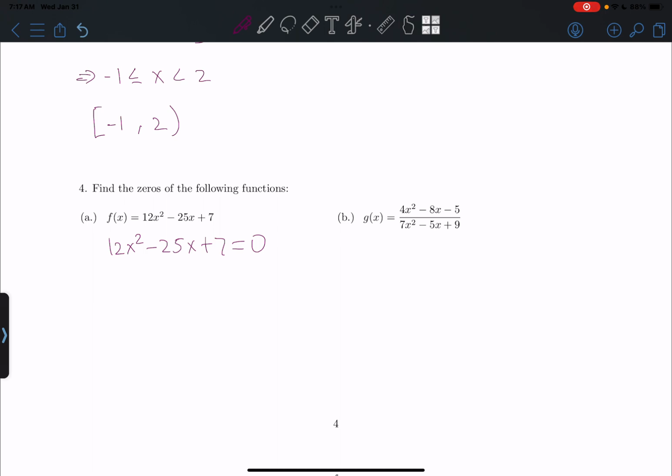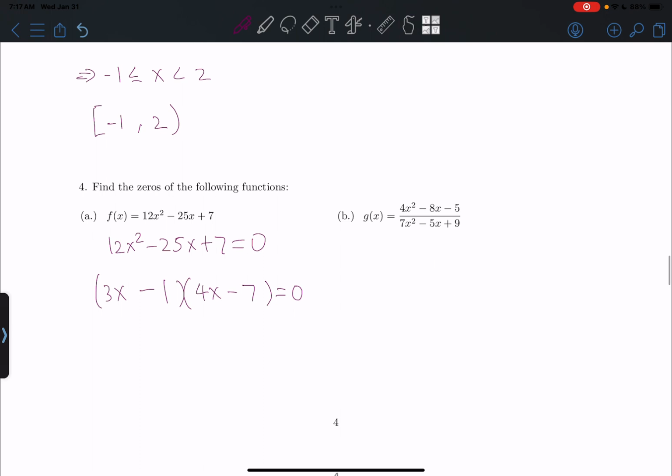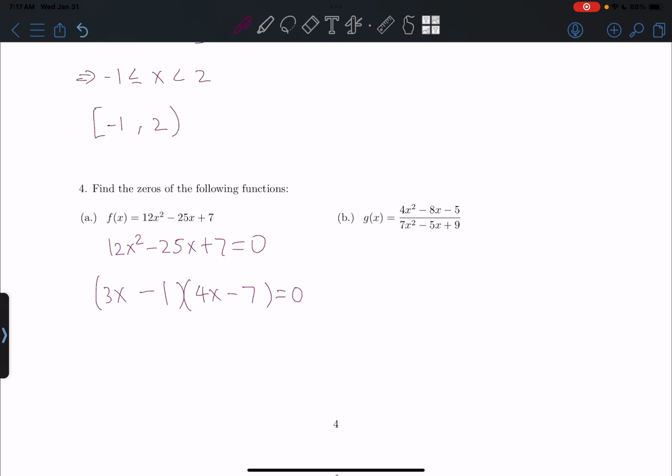It's not too bad, especially with the aid of calculators. But this one, surprisingly, is okay to guess, just because the 7 is also easy to factor. But the factor here is this. You can double check this real quick.